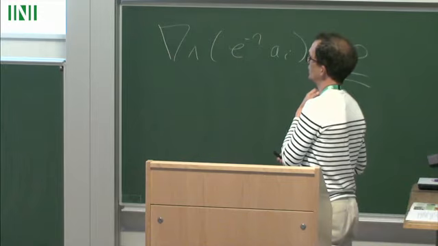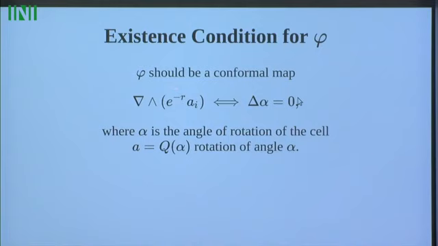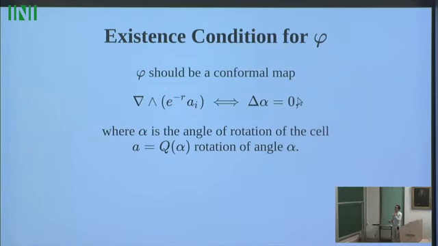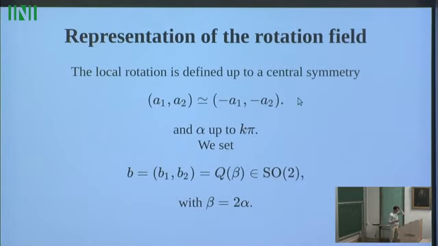So if alpha is a harmonic function, and that is equivalent to this, then this condition is also equivalent to the fact that phi is a conformal map. So a necessary condition for phi to exist is that the Laplacian of alpha is equal to 0.